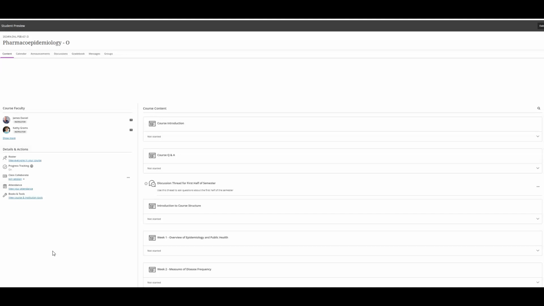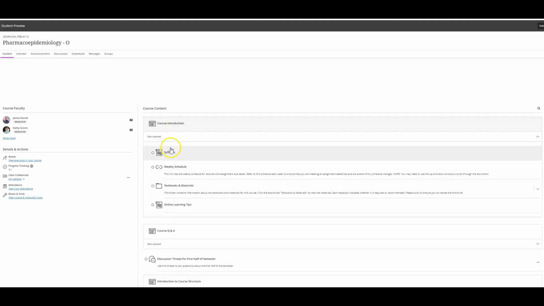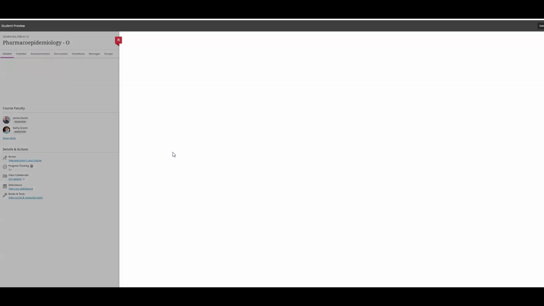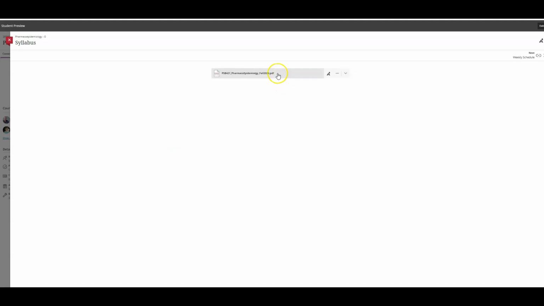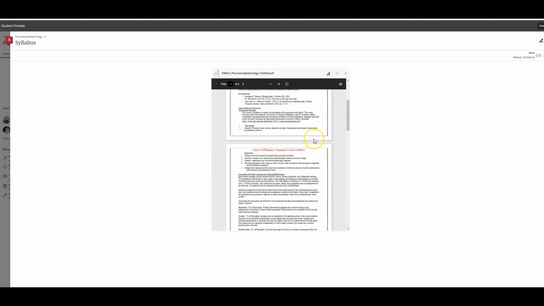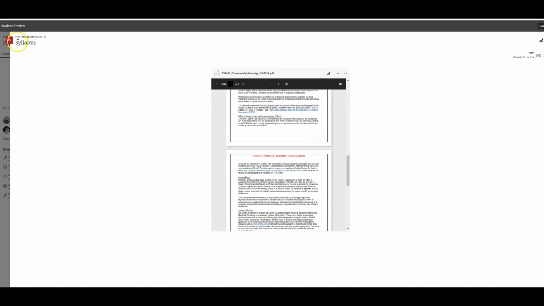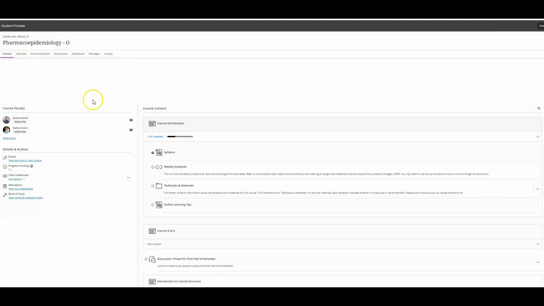So if you go into the course introduction folder, you'll find the syllabus that you can preview and download. That's always an important document. You might want to download that and save that to your local machine. The other really important item in the course introduction folder is the weekly schedule.